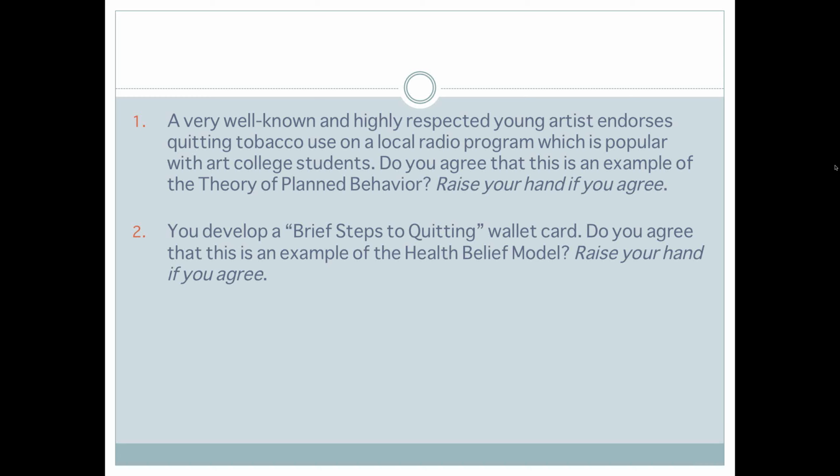So if you're trying to help people reduce or cease their use of tobacco, strategies like brief steps to quitting that they can carry around with them and see on a routine basis serve as cues to action as part of the health belief model.